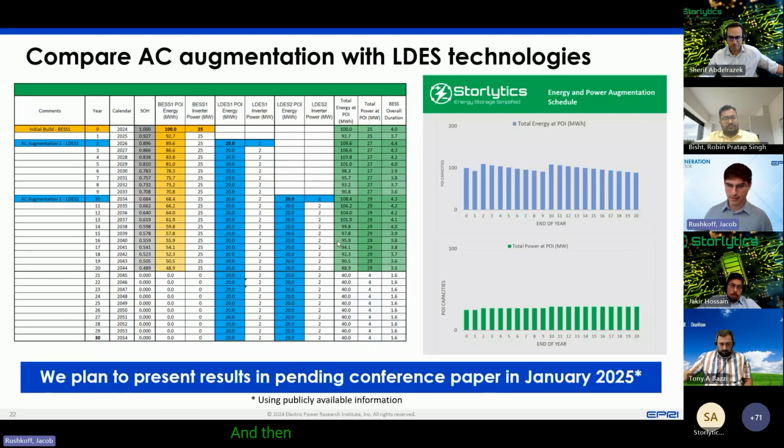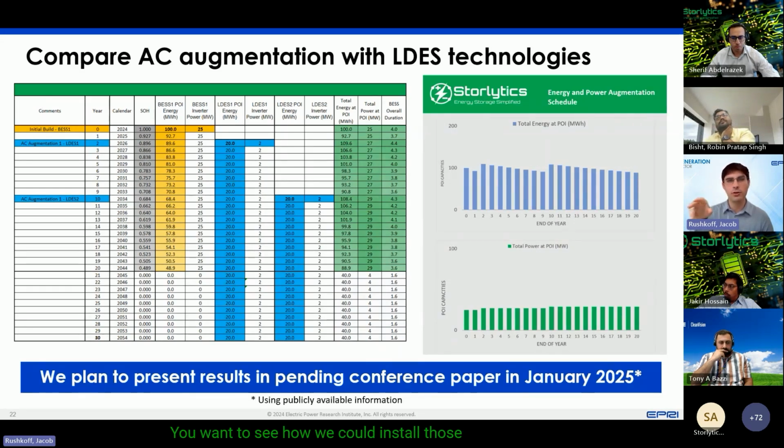All right. And then something I want to cover here is how we're going to try to compare installing LDES technologies. So these are those 4 technologies that I talked about previously. We want to see how we could install those in parallel with lithium-ion batteries in order to maintain that total energy capacity.